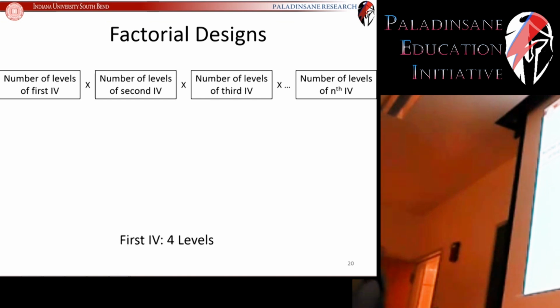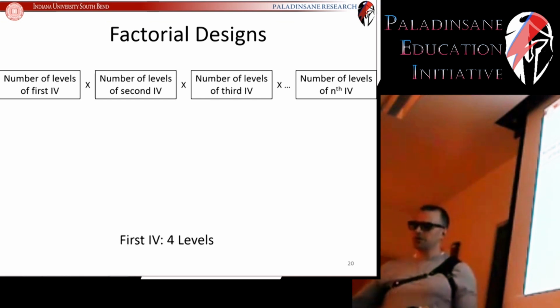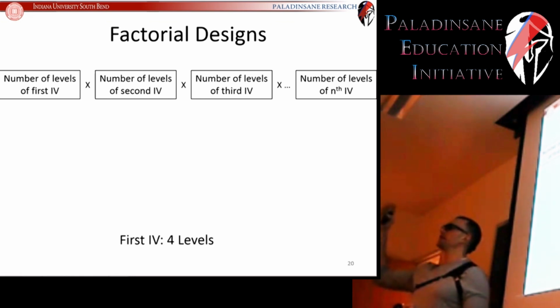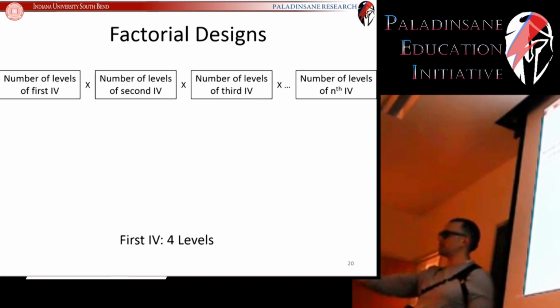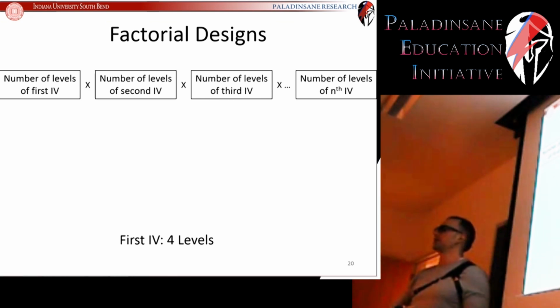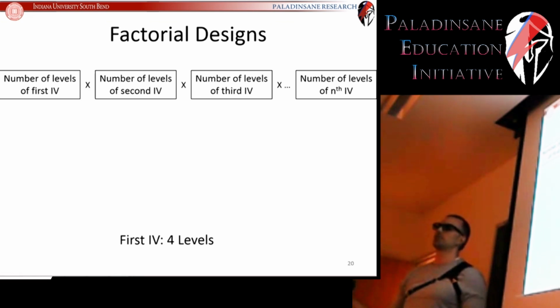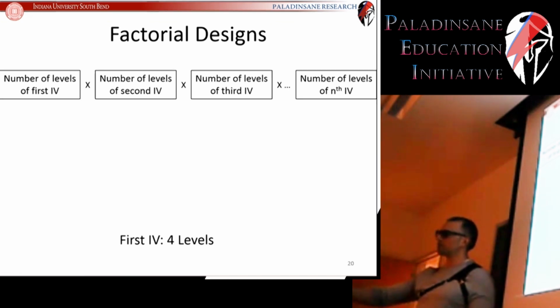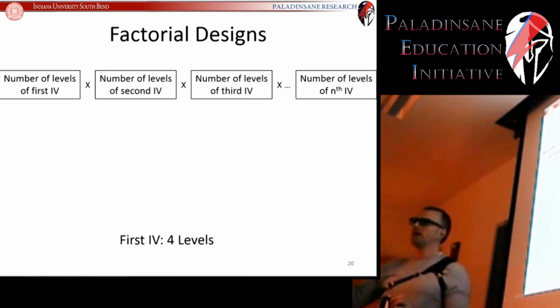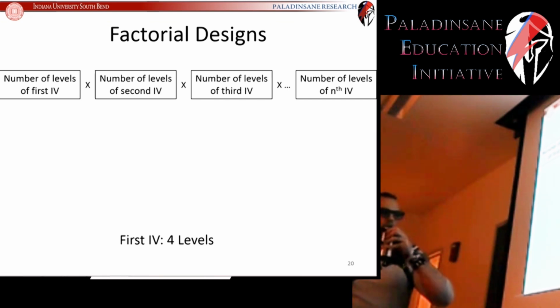So in a factorial design, one way to envision it is it's just a continuous multiplication of every single condition that you've had. It's almost like you add another dimension to your experiment every single time you add another variable.